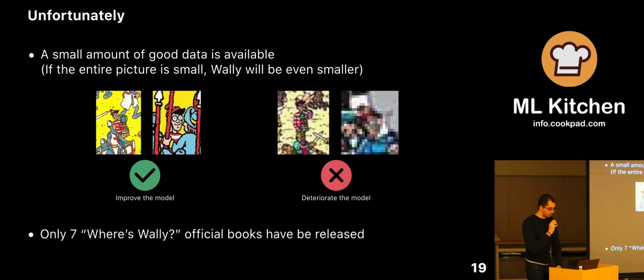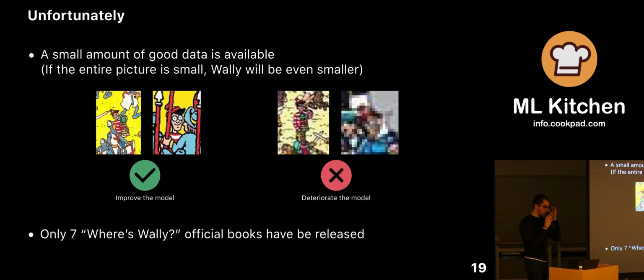And the problem was that on the internet there are not a lot of good pictures of Wally. For example, on the left you can see a good picture, it's really recognizable, so you can see it well. If you use those kinds of images, you will improve the model when you train.